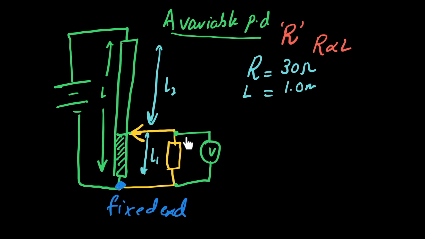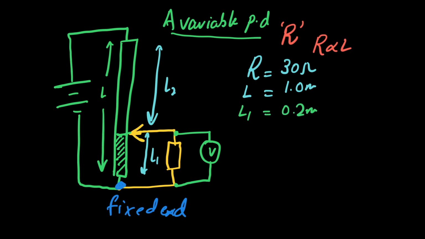So if I ask you what is the resistance of only this part of wire, you'll use proportions because you know that the resistance is proportional to length. So if 1 meter represents 30 ohms, तो L1 कितना represent करेगा? Let's take an example. Let's say L1 is 0.2 meters.